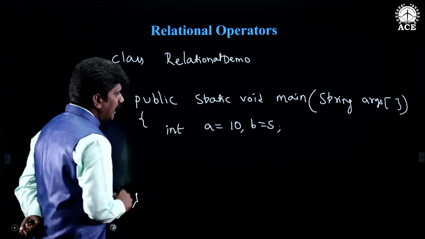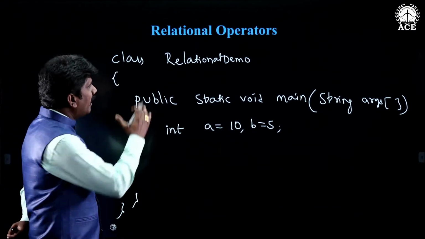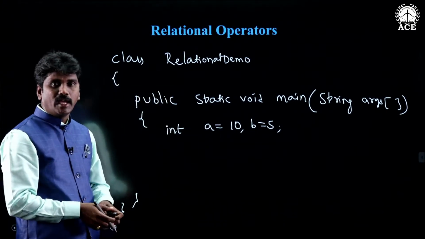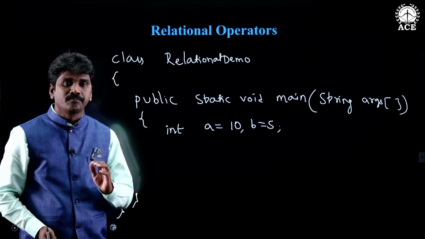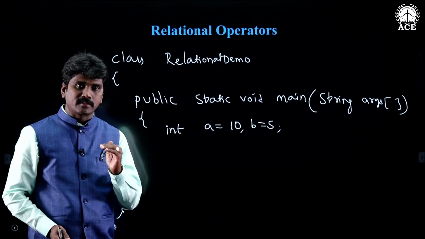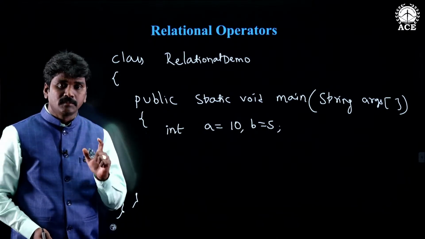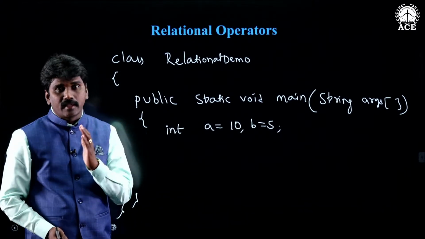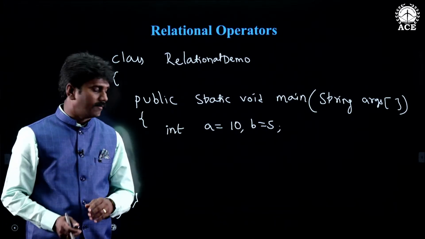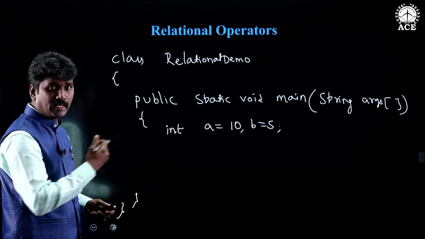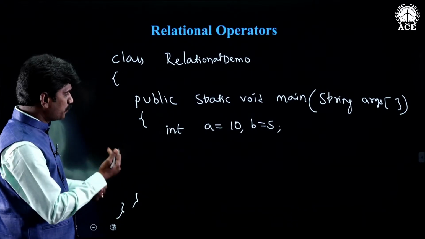Now I would like to apply all the relational operators: greater than, less than, greater than or equal to, less than or equal to, and not equal to. Let us apply the same in this program.